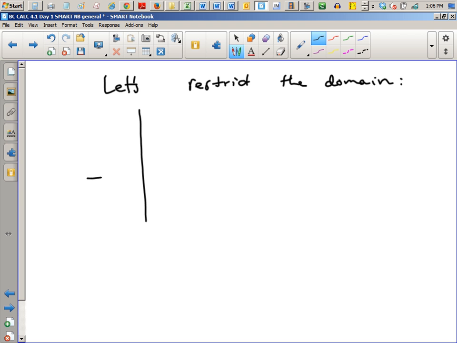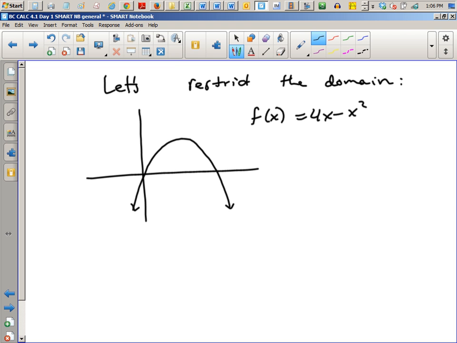So same graph. This is the graph of f of x equals 4x minus x squared. But let's let g of x be f of x, but restricted, only on the domain 0 to 3.